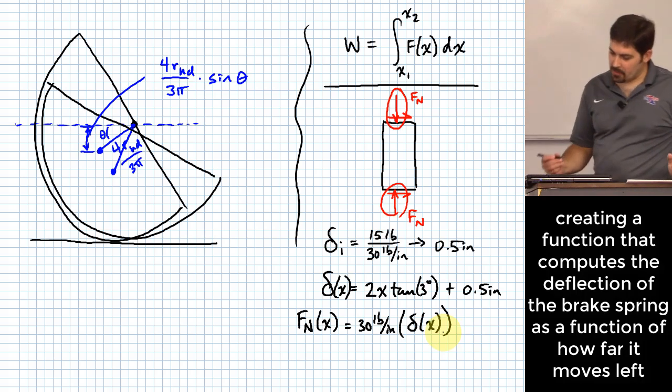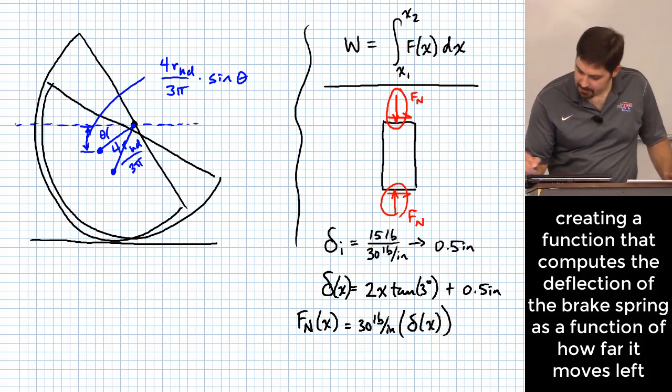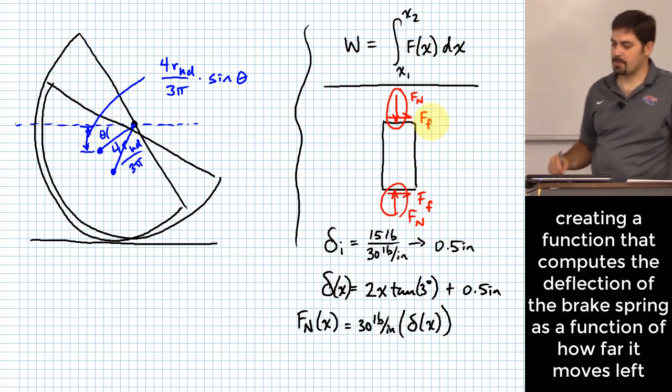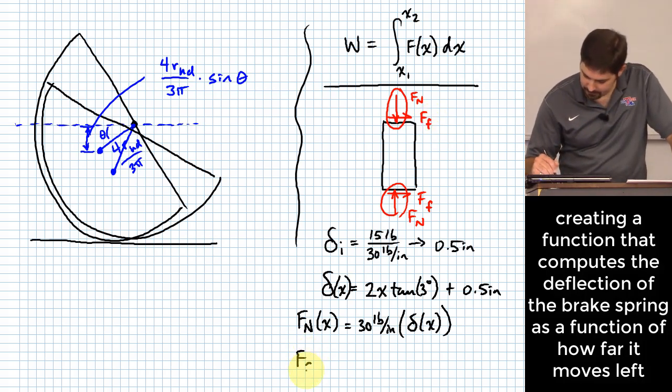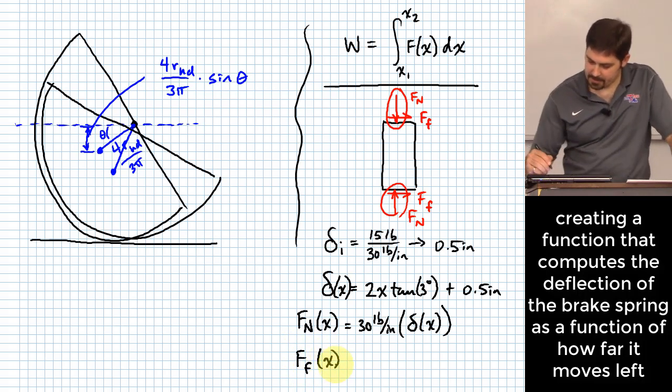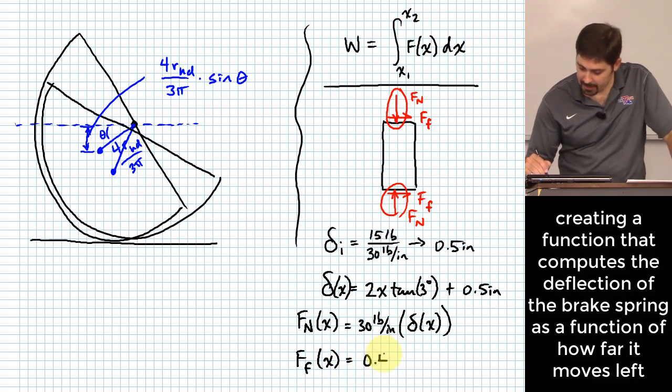Okay. So now what if these are maybe F sub F for a frictional force? How much frictional force do I have total? That's also going to be as a function of x. Well, it's just going to be equal to my kinetic coefficient of friction times my normal force.